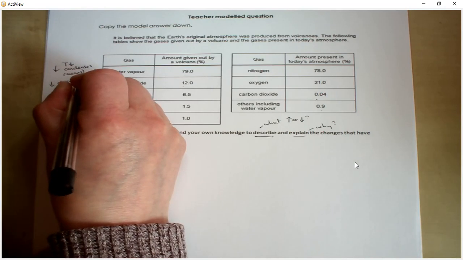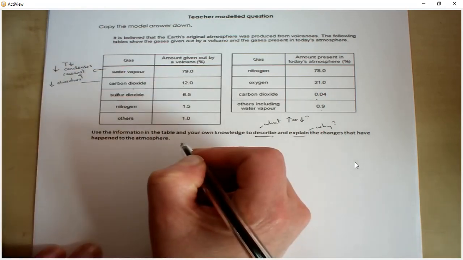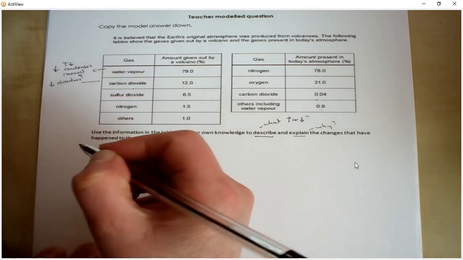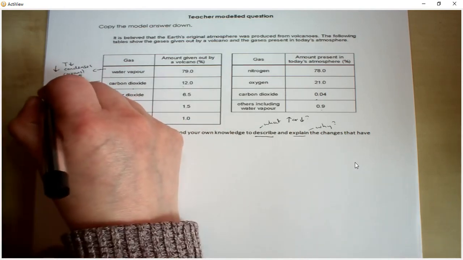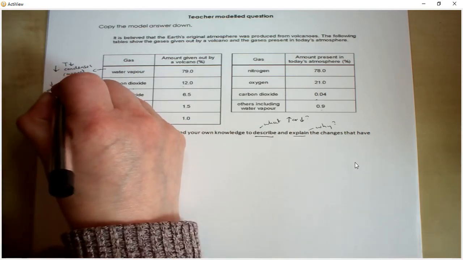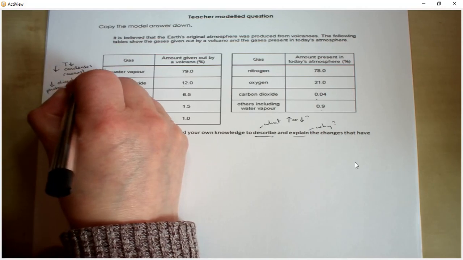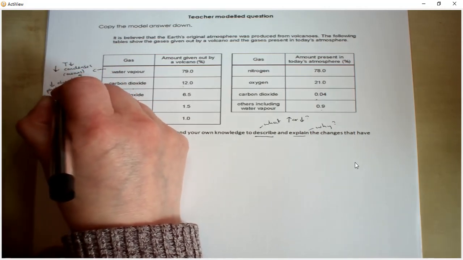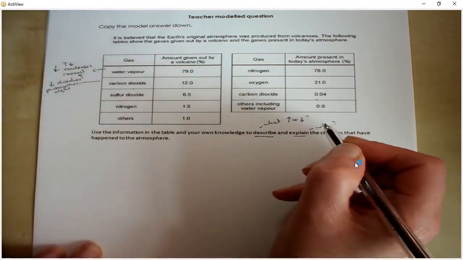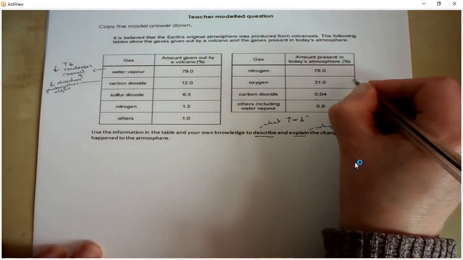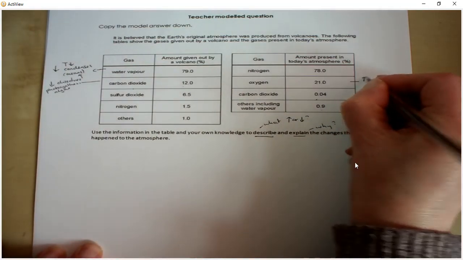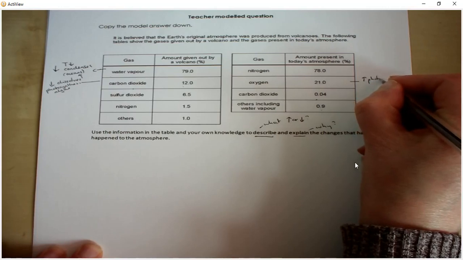So it dissolves in the oceans that formed when the temperature cooled. It's also the major one is photosynthesis. So photosynthesis of algae has turned that carbon dioxide into oxygen. So we can put this here, that's gone up because of photosynthesis.